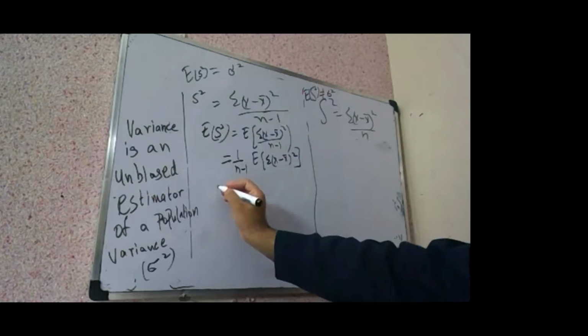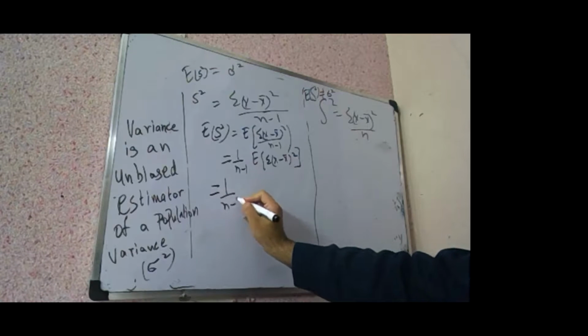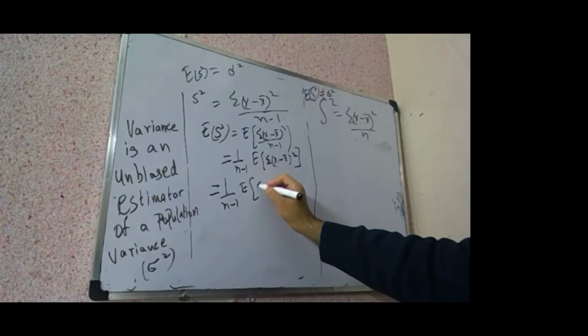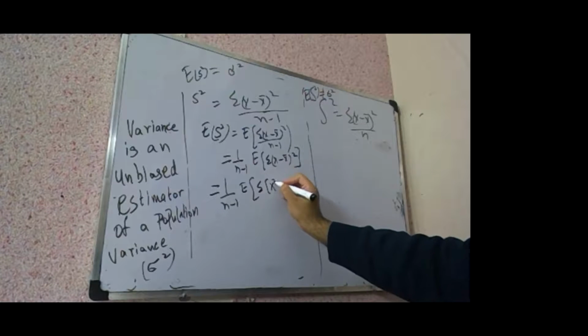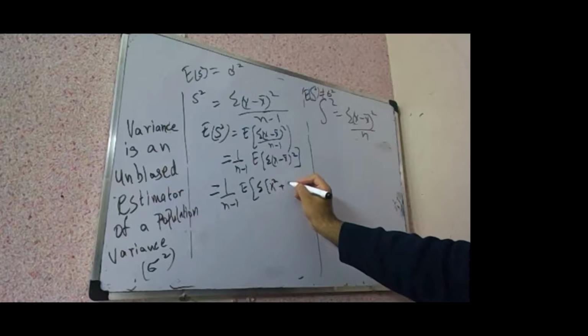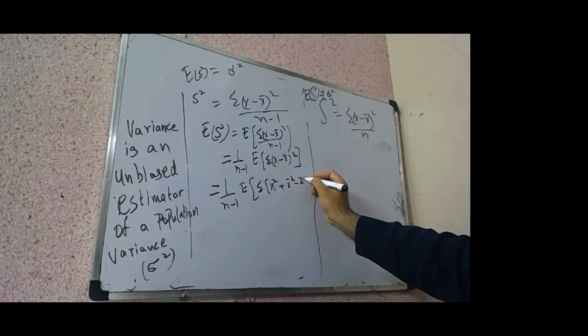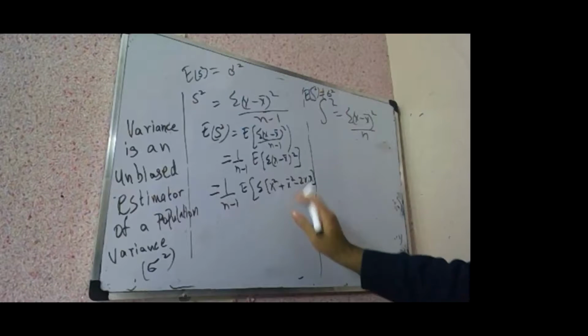If I open that, I will get summation of x square plus x bar square minus 2 times x times x bar.